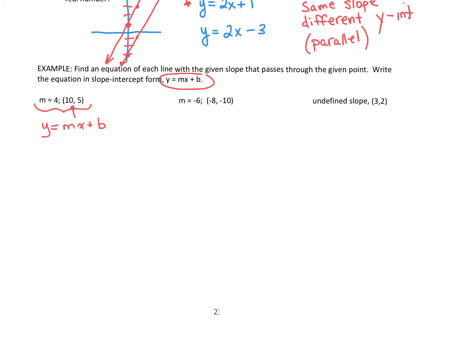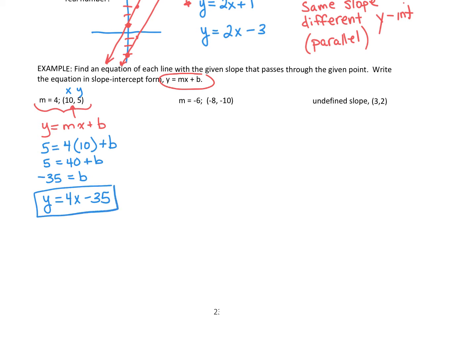So in this case, our y is 5, our m is 4, x is 10, plus b. So 5 equals 40 plus b. If I subtract 40, I get negative 35, and I get the equation y equals 4x minus 35. It has a slope of 4 and a y-intercept of negative 35.